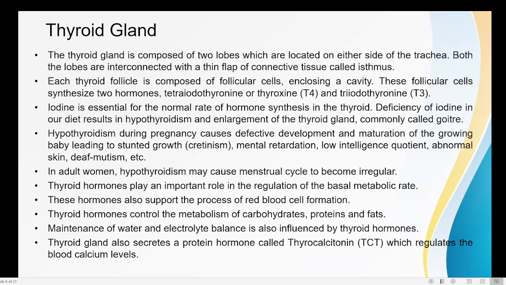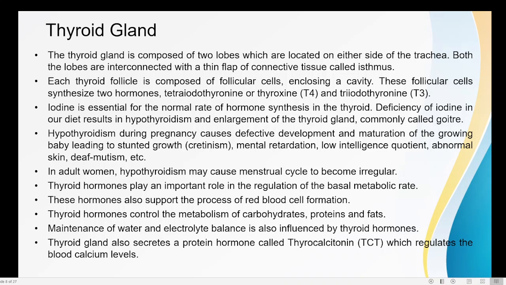Then these hormones also support the process of RBC formation. And thyroid hormone controls the metabolism of carbohydrates, proteins, and fat. So if you look at these two sentences, you can see that thyroid hormones play a very important role in controlling RBC formation, as well as the metabolic activities of carbohydrates, proteins, and fat.